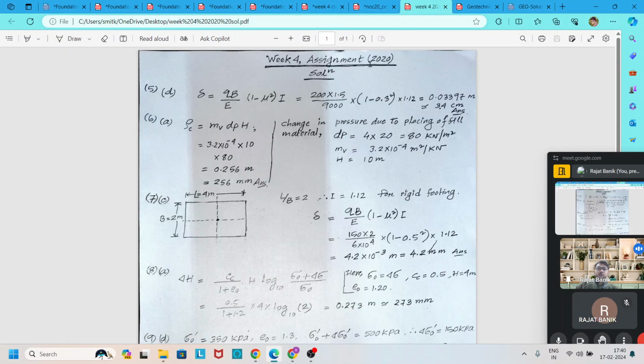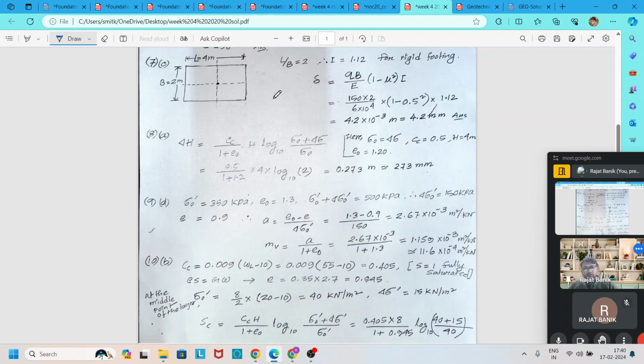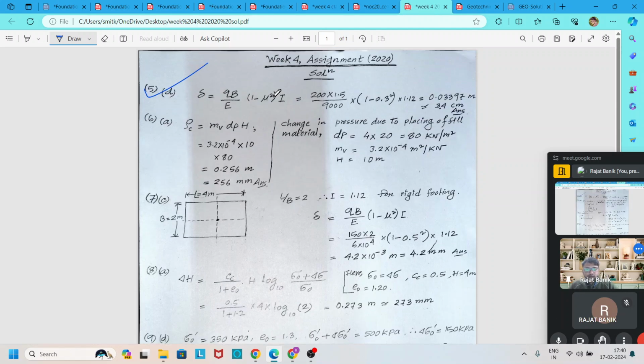I also solved this question. You see that first one. Put all these values, and it will come in meter.